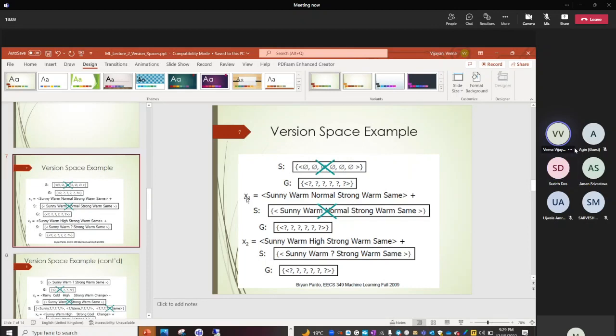It's a positive case. That means finally we are converting it into a Boolean value, right? Target function is a Boolean one. The target concept we have learned is a Boolean one. So this is a positive case. Enjoy sport is yes, then it is a positive case.